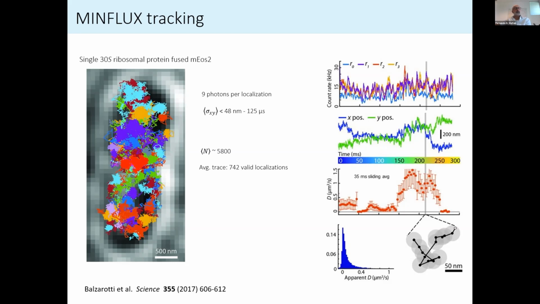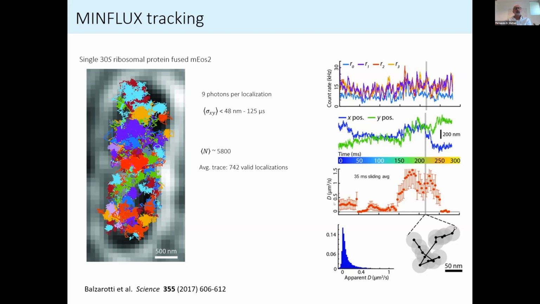But the point is that 50 nanometer precision with MinFlux, you can obtain it using only 9 photons. And detecting 9 photons is also very fast. You don't need too much time to collect 9 photons. So we could get 50 nanometer localization precision with 125 microseconds time resolution. So in tracking this interplay between time and spatial resolution is always important, right?